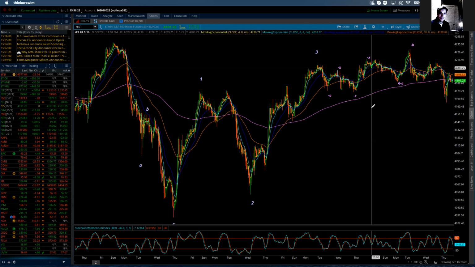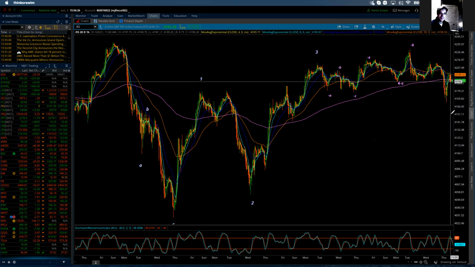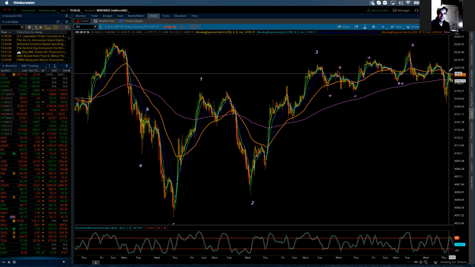The NASDAQ, I do expect, has a very strong possibility of continuing to decline and drop about 100 points from where it is, below today's low at 13,462. I'm thinking that it could really get down to 13,420-ish.